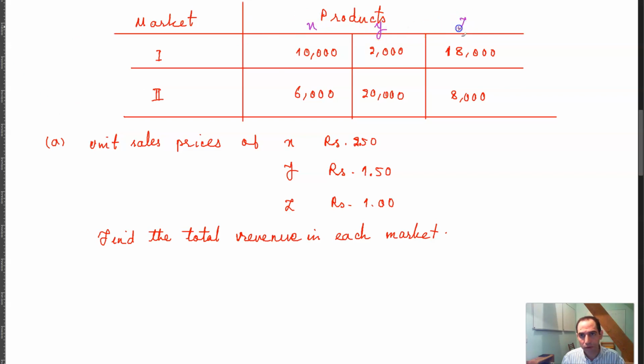That means that the number of sales of product X in market 1 has been 10,000, Y in market 1 has been 2,000, 18,000, and so on and so forth. And the same goes for market 2 relative to products X, Y, and Z.